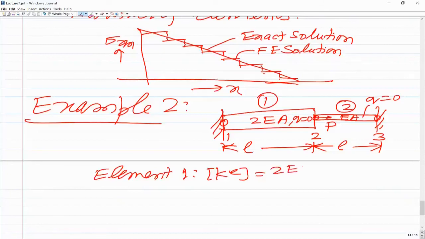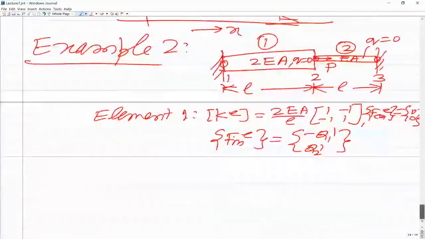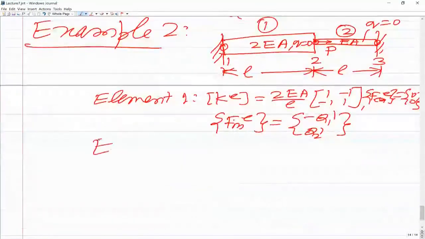So the stiffness matrix would be 2EA by L times [1 -1; -1 1], and the load vector: F external for the element is 0 0, because Q is 0, and F internal of course for this element would be minus q11 and q21. So this is for element 1.